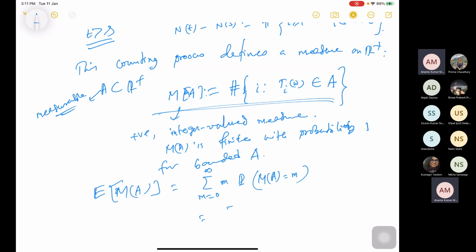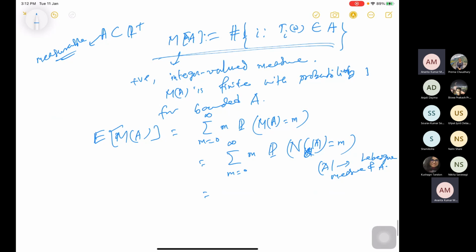This is the same as m times the probability that N of mod A is equal to m, where N is my Poisson process and mod A denotes the Lebesgue measure of A. You know what the Lebesgue measure is, since you have done an MSc course already.